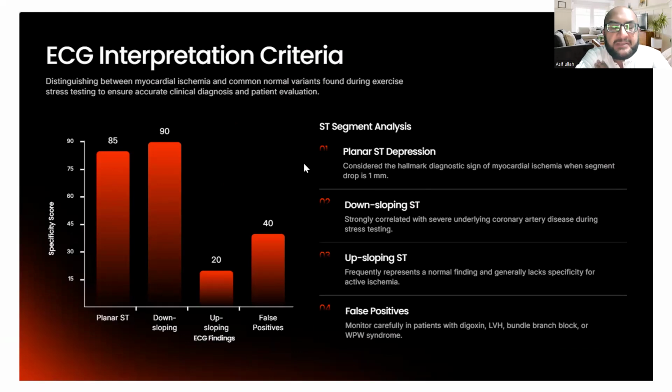Exercise tolerance test is the best way, especially in male patients, to screen for coronary artery disease in the form of stable angina. As you know, the history of stable angina is that it increases on exertion and relieves with rest, and this exercise tolerance test specifically fits that very well.